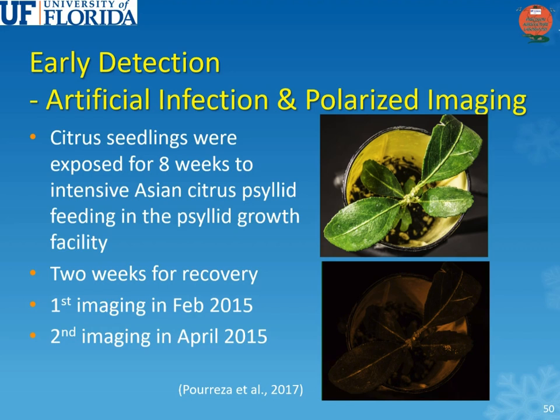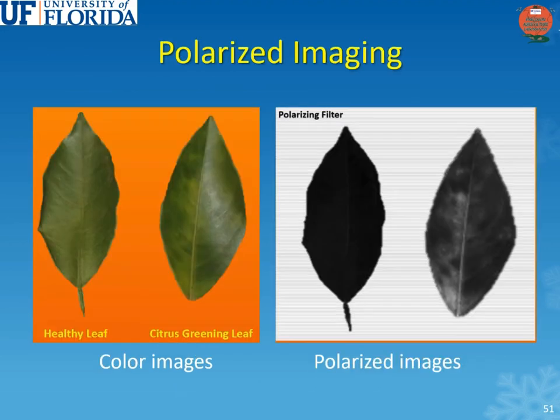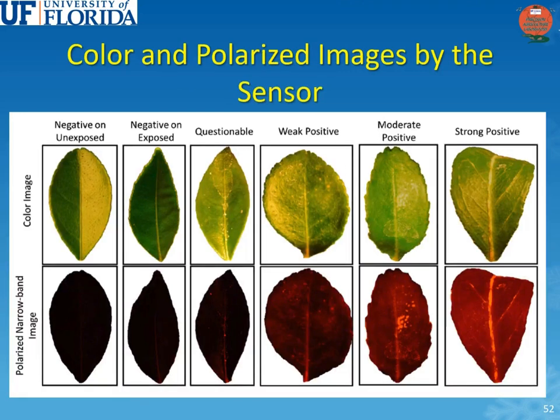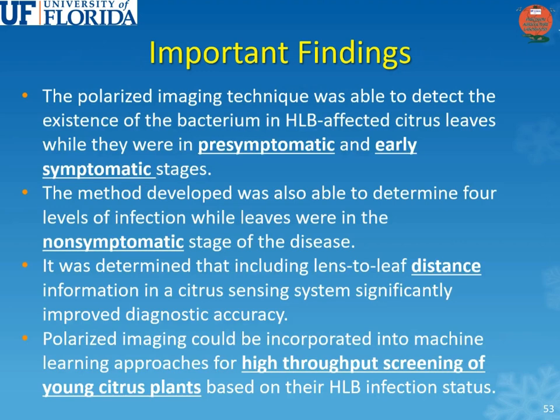And here is another example of healthy and citrus greening infected leaves, and more examples based on the degree of infection. Here we found that we were able to identify pre-symptomatic and early symptomatic leaves, and we were also able to identify the non-symptomatic stage of the disease.